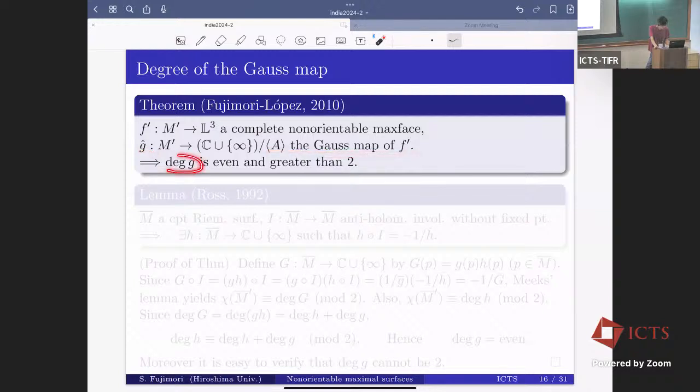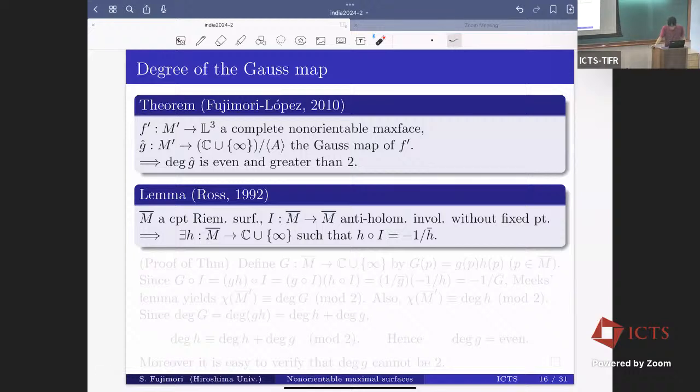Then the degree of G hat is always even. So not congruent to the Euler characteristic of the non-orientable surface mod 2. So always even, and it cannot be 2. So greater than 2, so at least 4. So the degree of the Gauss map is 4, 6, 8, 10, and so on. Okay. So this is a quite different result compared to the minimal surface case.